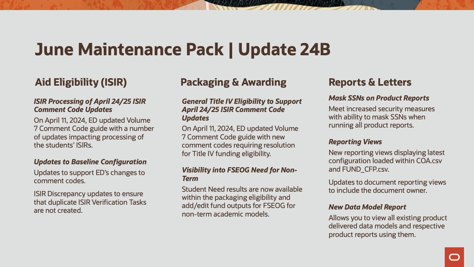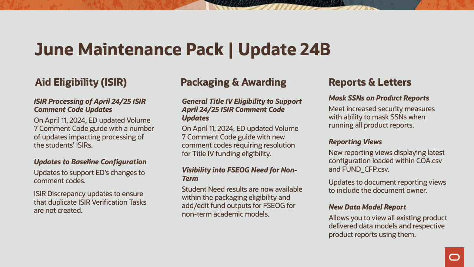With the June maintenance pack for 24B, we've delivered 4 additional features and a number of configurations and reporting updates. Within aid eligibility, we released support for the 24-25 ICER updates that the Department of Education released on April 11th. The changes to Volume 7 Comment Code Guides required several updates to ICER processing to ensure we're communicating the correct comment code descriptions and that we accounted for several comment codes that were added and removed.